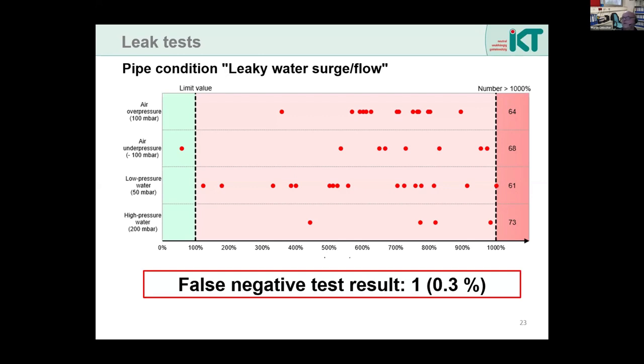Yes, you see, when we have defect pipes and water is coming out, all test methods with air or with water have a good result. Only one test was wrong, and this is a very good result for such tests.